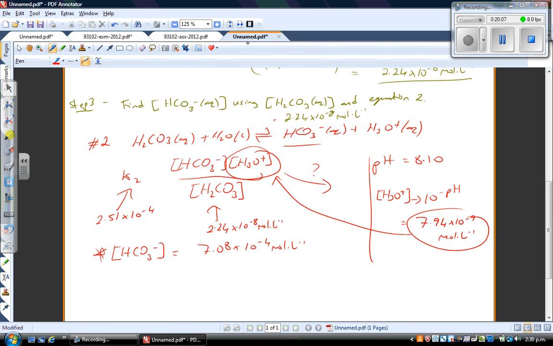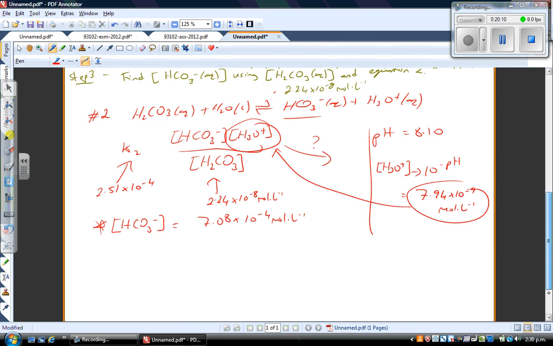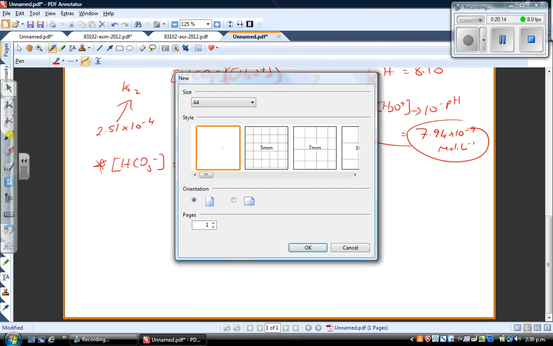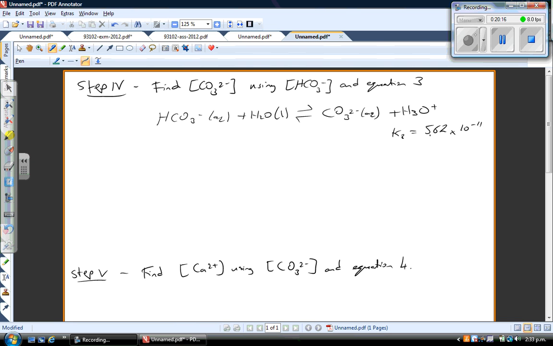So we go back here again. We're going to get a new page for this. So step 4 of the question, we want to find the concentration of carbonate now using the concentration of hydrogen carbonate, which we just established, and that was 7.08 by 10 to the minus 4 moles per liter.